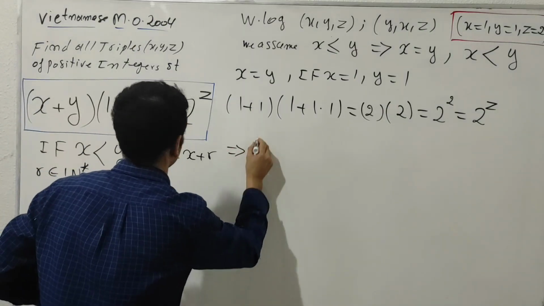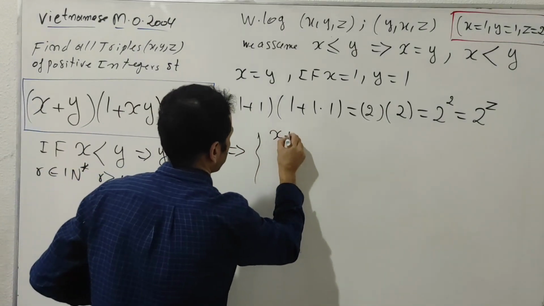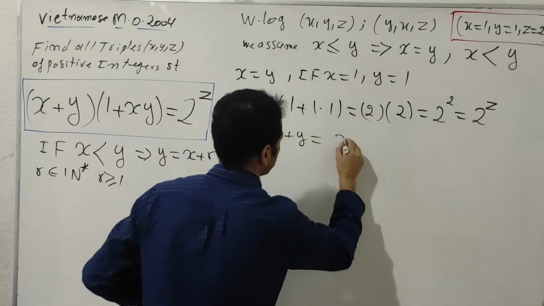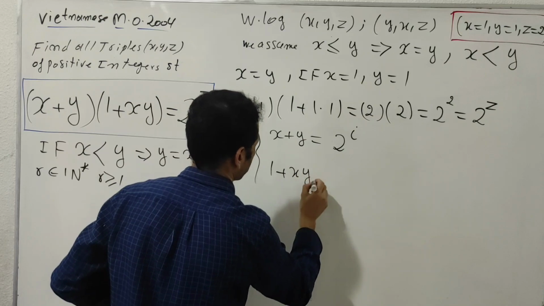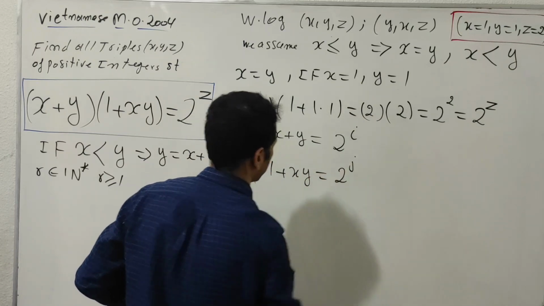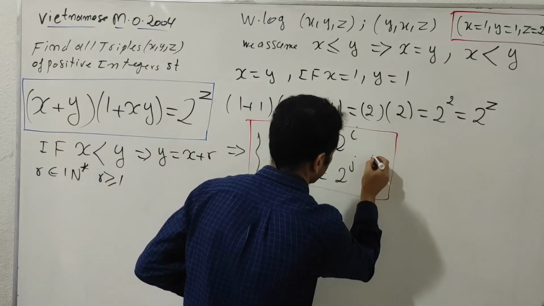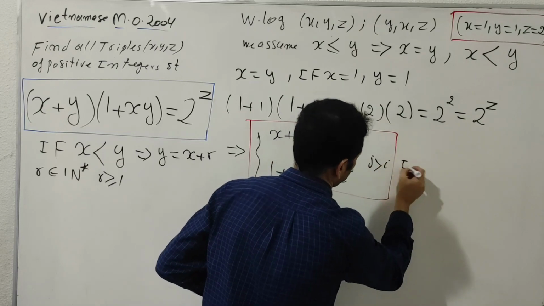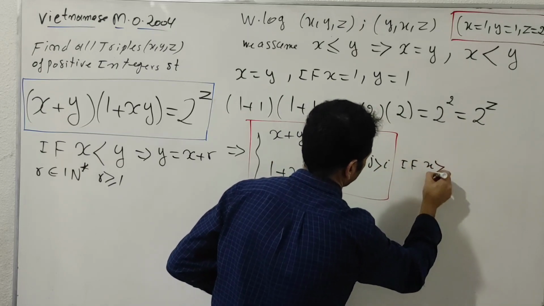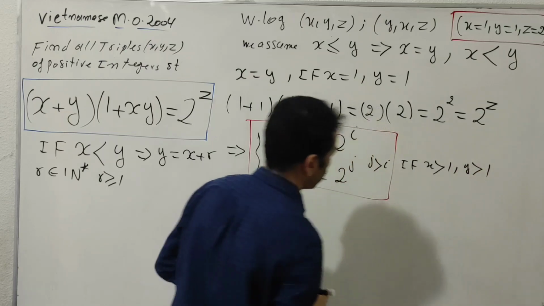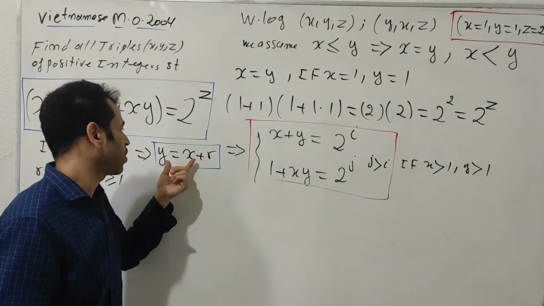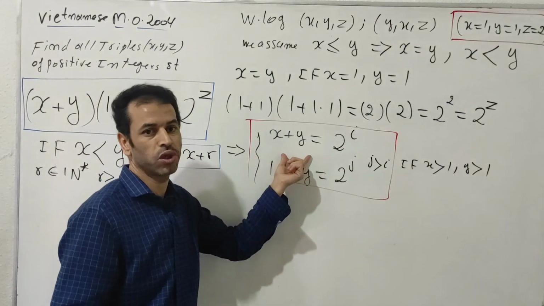So I will have x plus y written in the form 2 to the i, and 1 plus xy equals 2 to the j. Here j is strictly greater than i if x is strictly greater than 1 and y is strictly greater than 1.